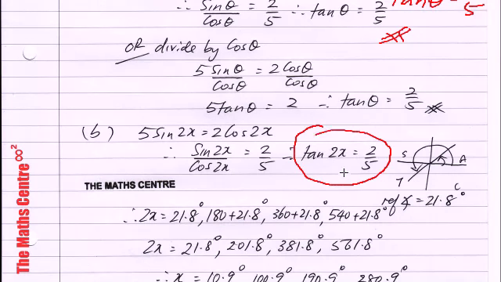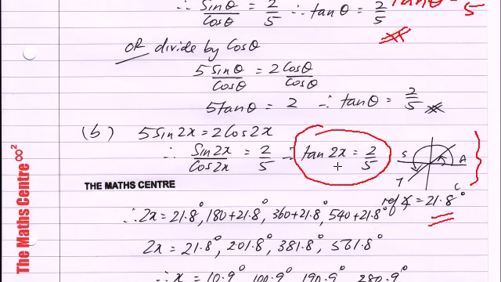Now tangent is positive in the first quadrant and the third quadrant, as I've indicated here. We are dealing with angles between 0 and 360, so we are dealing with positive angles. So first step is to get the reference angle. If you go arc tangent 2 over 5, you will get 21.8 degrees.